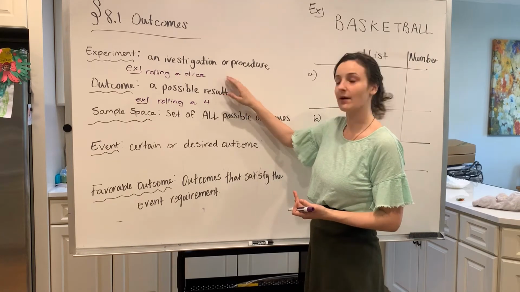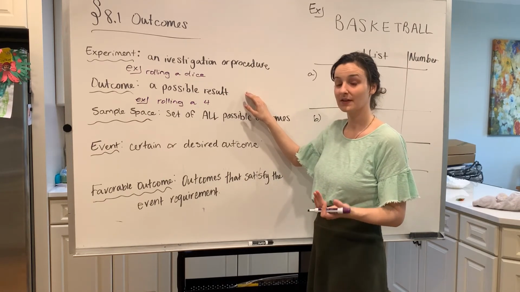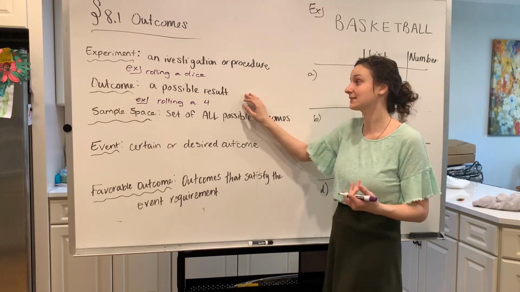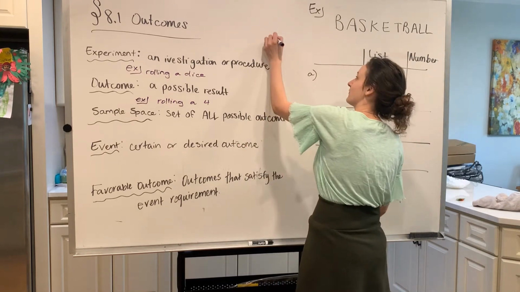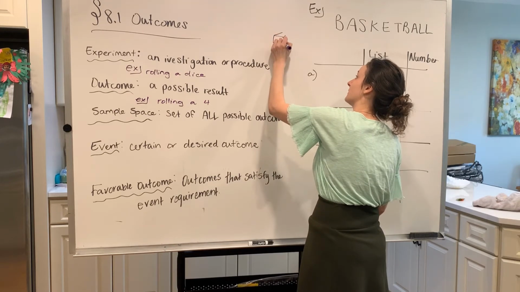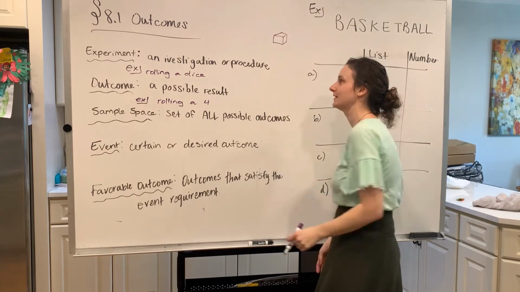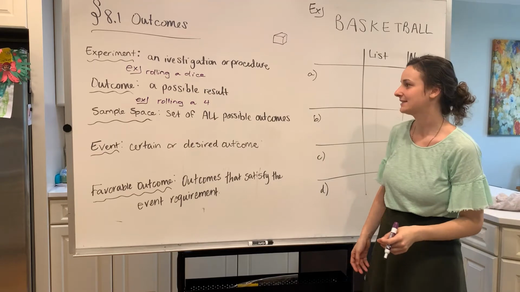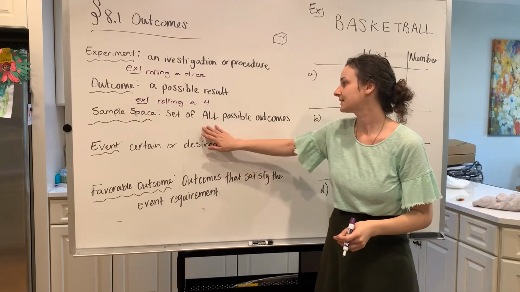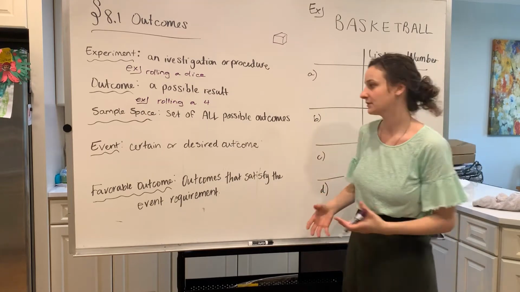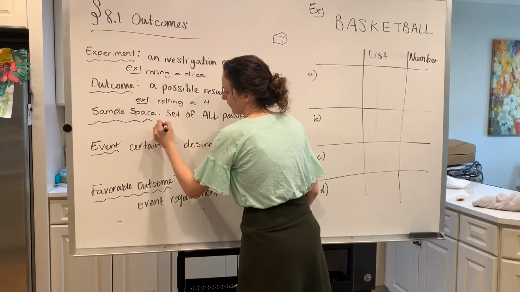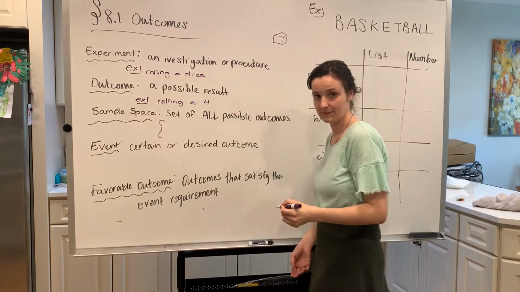For rolling a dice, how many outcomes are there? If you answered 6, you're correct, because the dice has 6 sides. 1, 2, 3, 4, 5, 6. Remember from last chapter, not to bring back memories, but drawing your cubes, right? The cube has 6 sides, 6-sided die. Sample space is the set of all the possible values. So sample space is denoted with a set of brackets, okay?